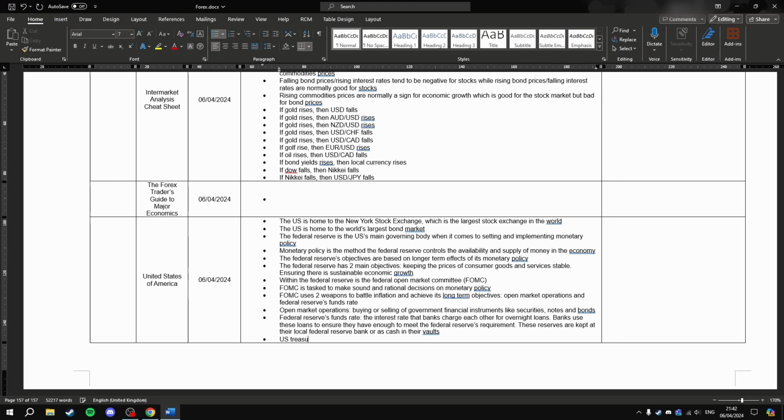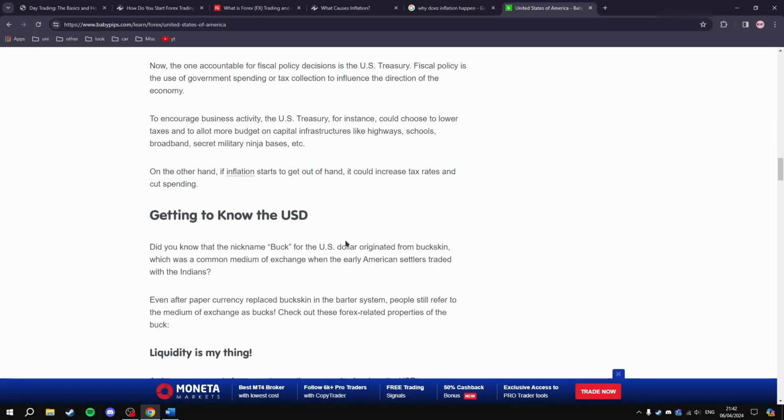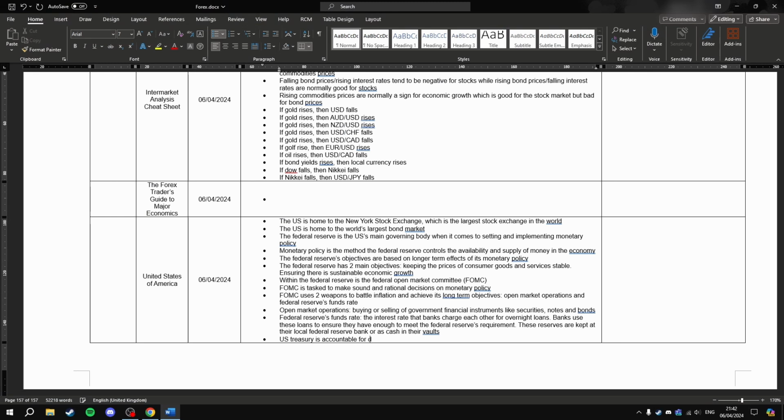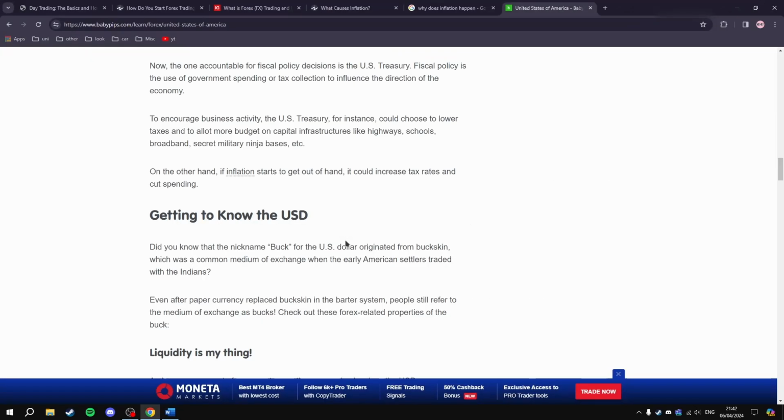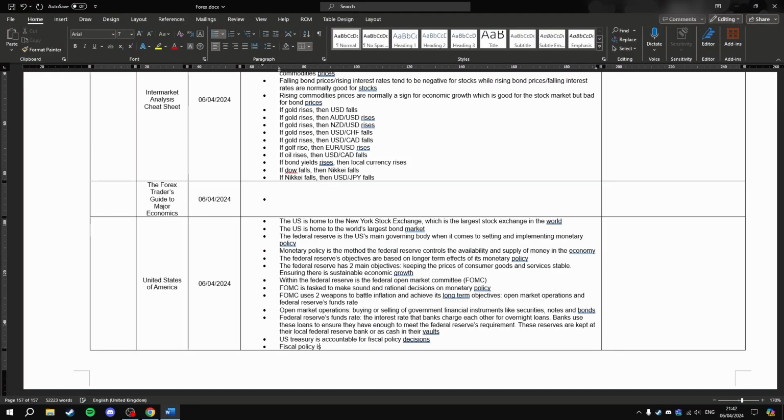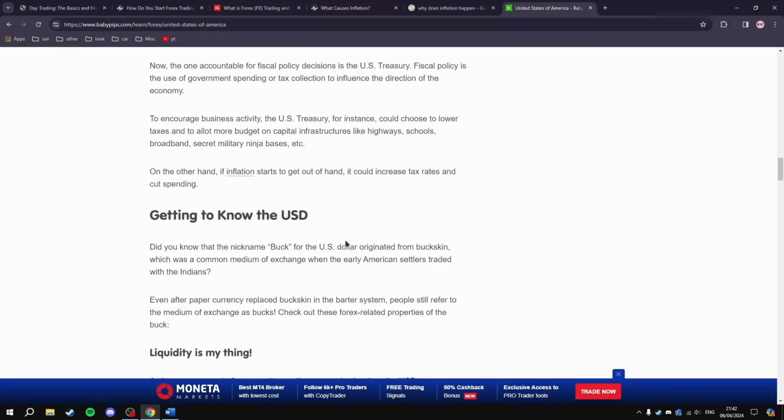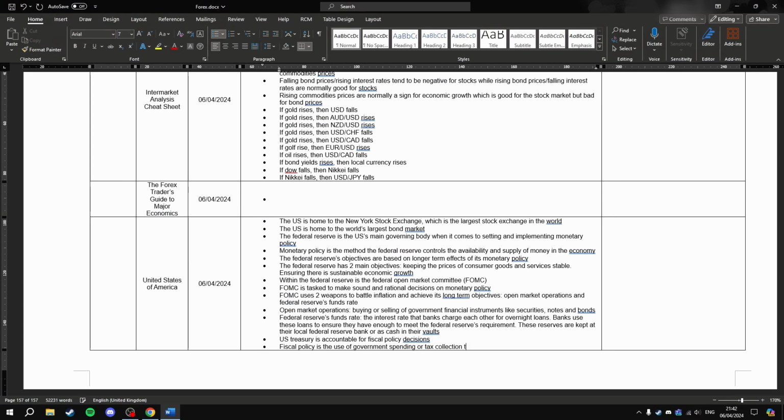Fiscal policy is the use of government spending or tax collection to influence the direction of the economy.